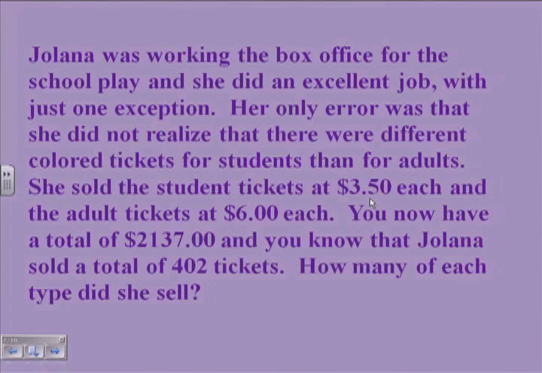And here's the only information that you have. You know that you've brought in a total of $2,137 from the ticket sales, and you sold 402 tickets. So with that information, I want to know how many of each type of ticket did Jelana sell?